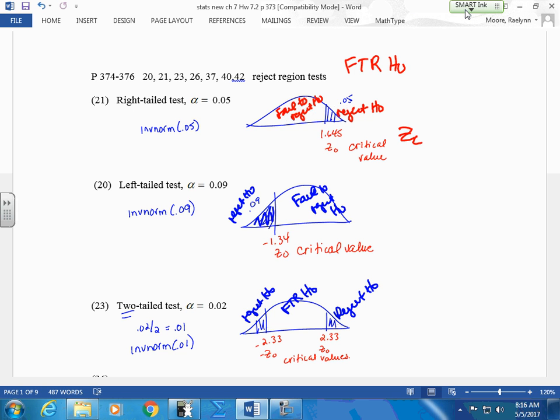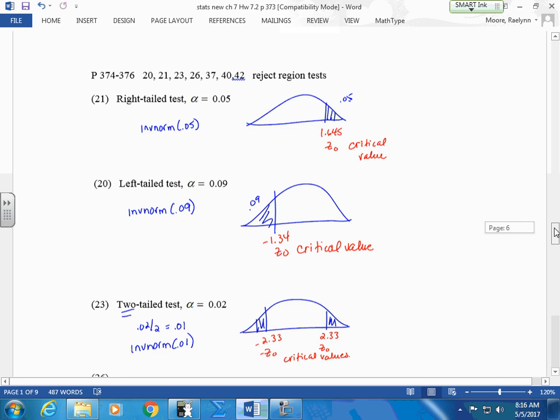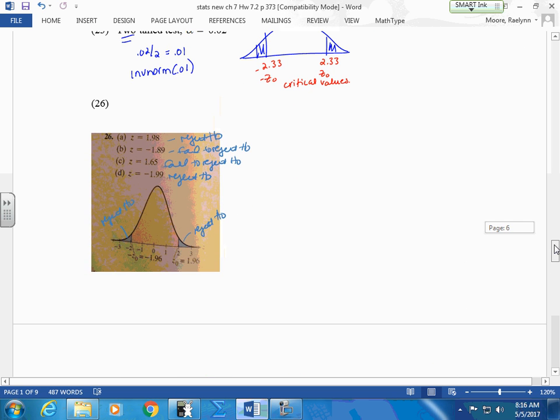Good. Now we're going to work with your Z-scores, and when we find your Z test statistic, we're going to see where it falls on your graph. And that's your decision right away. So these guys are their reject regions. This is their fail to reject region.